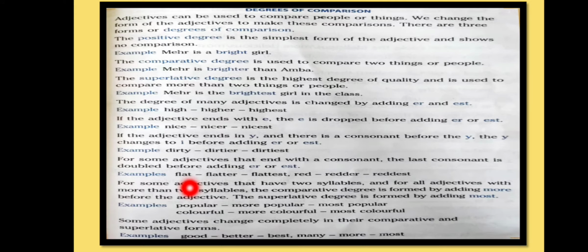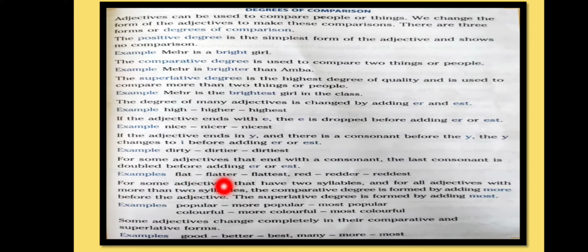Then for the superlative, we have flattest, we have added double t, the consonant letter, and added est. But in positive, we have to use only that single consonant letter. Now let's see red. Redder.